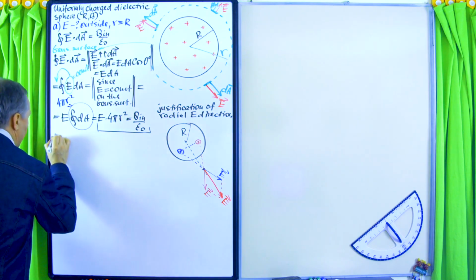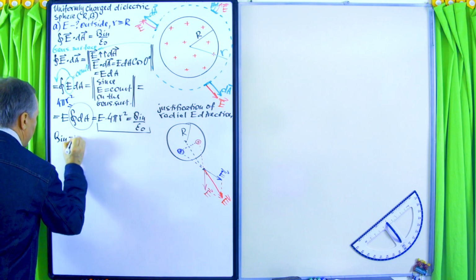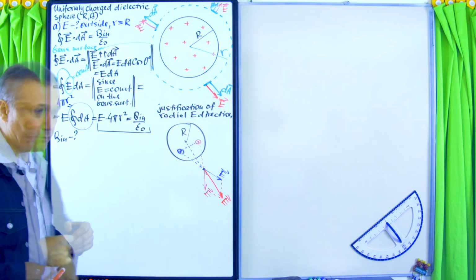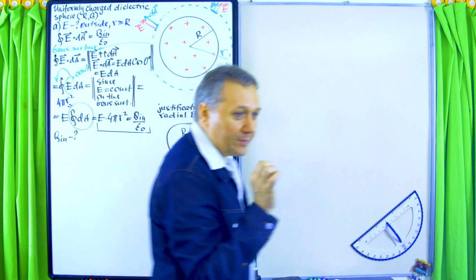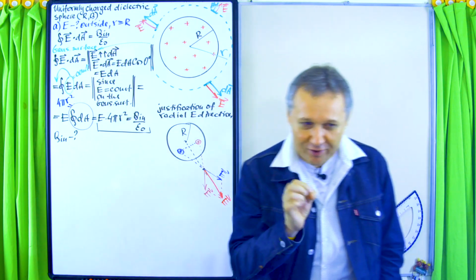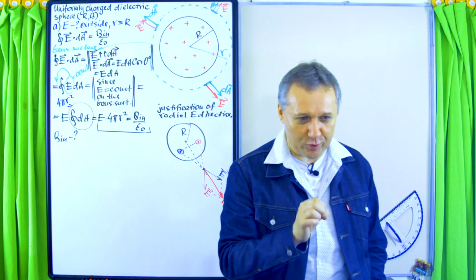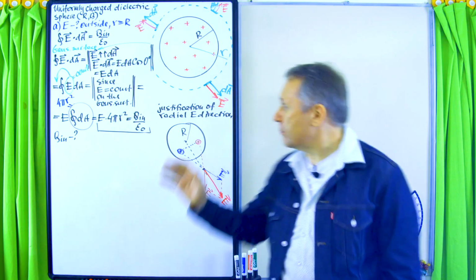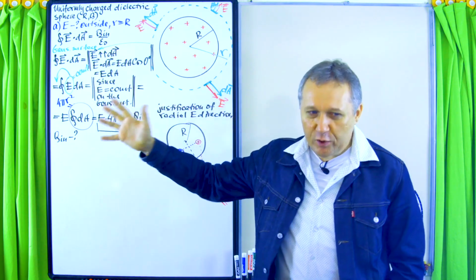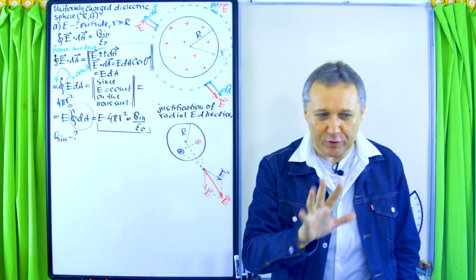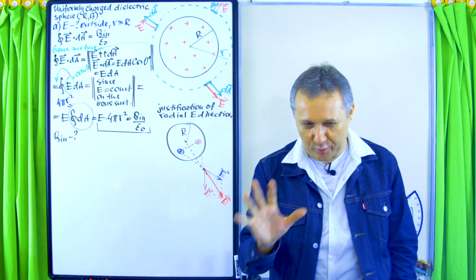So now let me write Q enclosed. The meaning, you remember, is the total charge inside the Gaussian surface. So at this point, by looking at the picture, all of you should be able to tell me the value of Q enclosed.